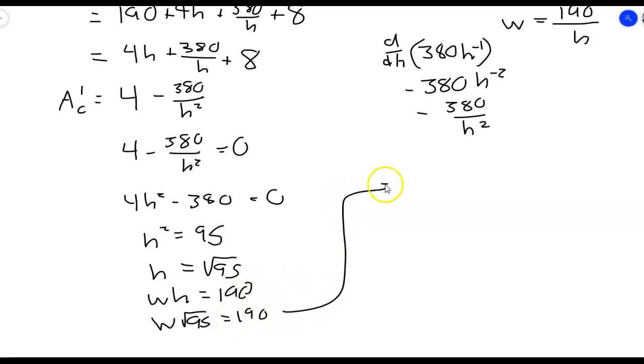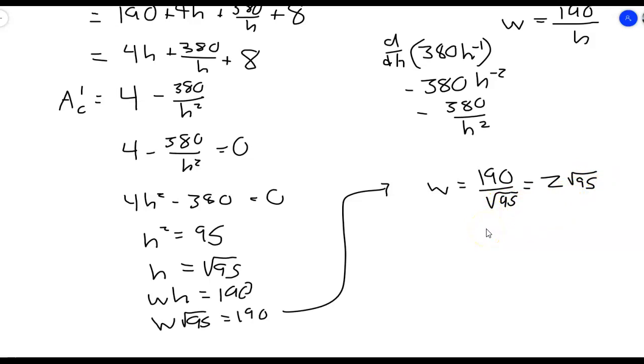So the width is equal to 190 over square root of 95, and rationalizing the denominator by multiplying the top and the bottom by square root of 95, I'm going to end up getting 2 times the square root of 95. So that will be my optimal width.